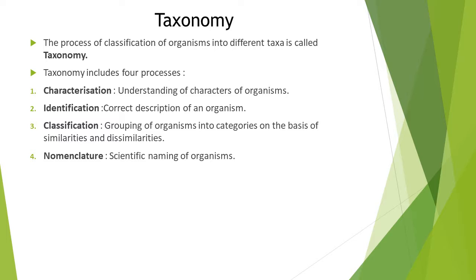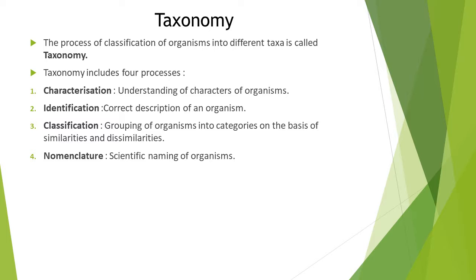And taxonomy includes 4 processes. The first one is characterization. Suppose you're seeing an organism for the first time. What would you do at the very first place? You would understand the characters of the organism. You would try to visualize what are the characters.